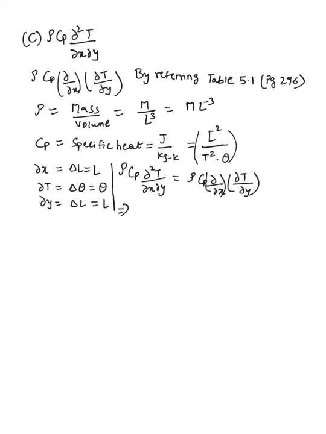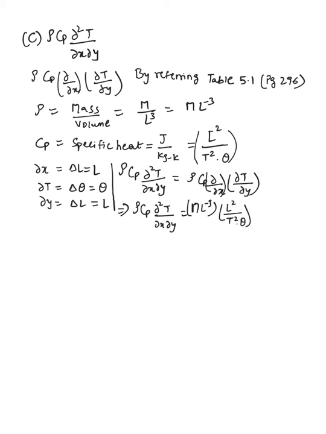That implies rho Cp dou square T by dou x dou y can be written as rho, which is M L power minus 3, times Cp, which is L square divided by T square times theta.